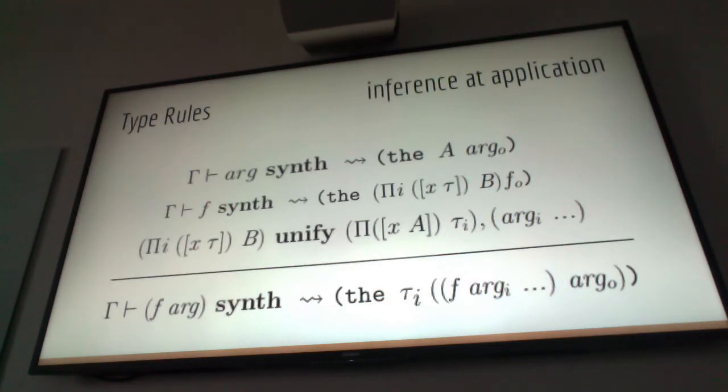And now, kind of the first real interesting rule. When we want to do application on a function that is a pi I, I have this f of arg, I can get the type of arg, and I find out that f is a pi I. What I do is basically try to unify this pi I type with some pi type, where that pi type accepts what arg was, and gives me this tau I, which was the inferred type, given as a miniKanren variable at first.